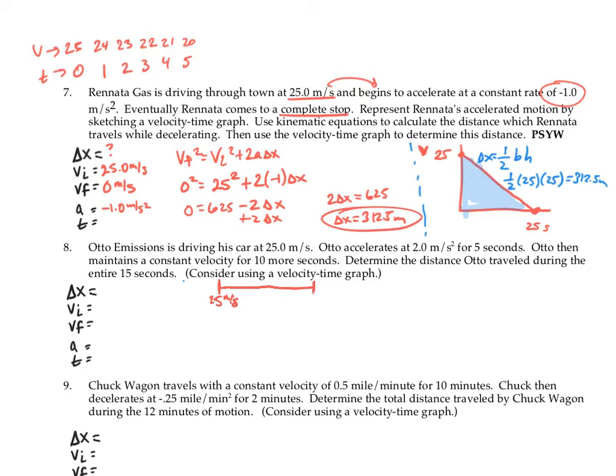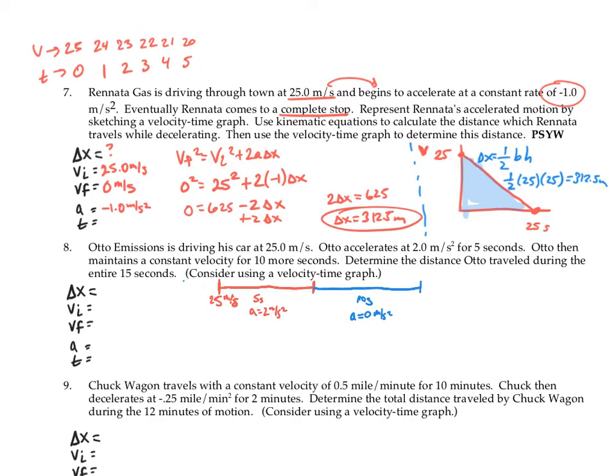And then after that, he maintains a constant velocity for 10 seconds. So this is 5 seconds. The acceleration is 2 meters per second squared. Constant velocity means my acceleration is 0 meters per second squared.